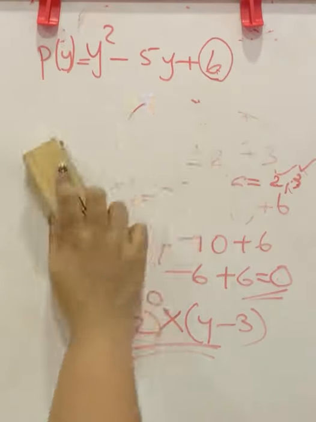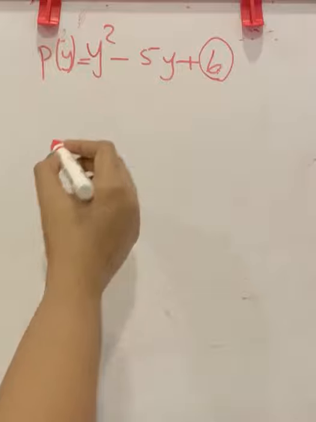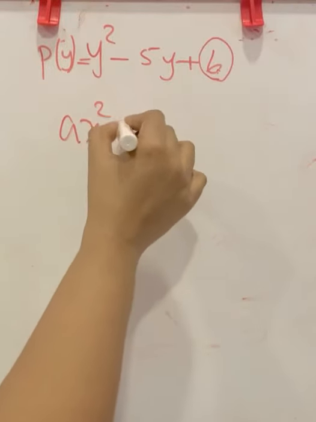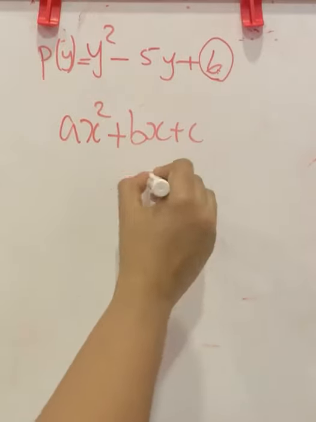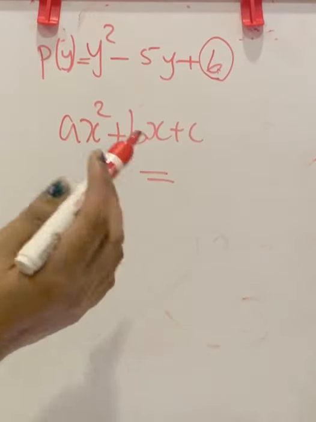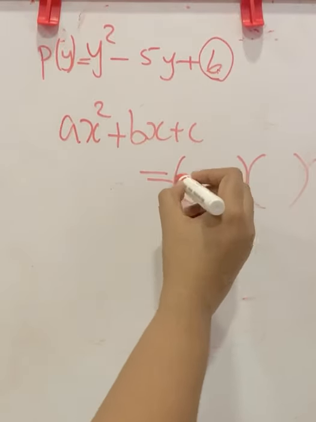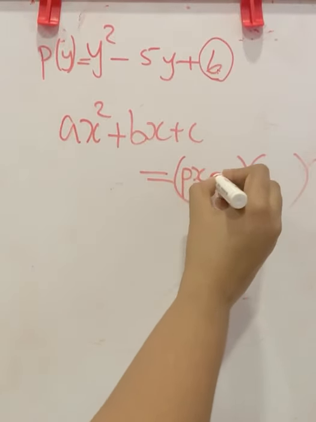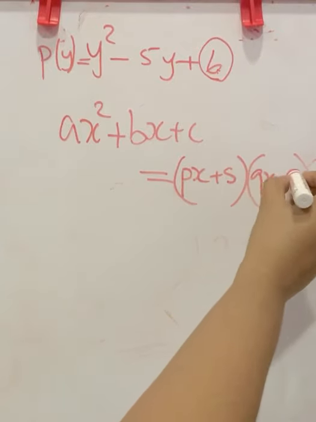And we know the general form of a quadratic polynomial is ax square plus bx plus c, right? Then after factorizing, we will get two linear polynomials here. Let them be px plus s and qx plus t.